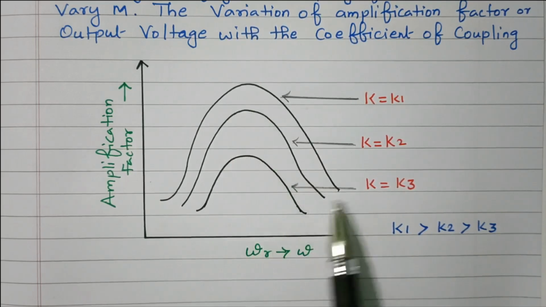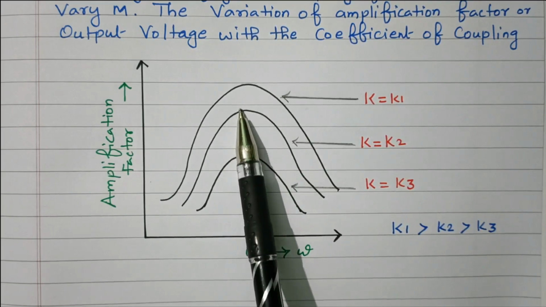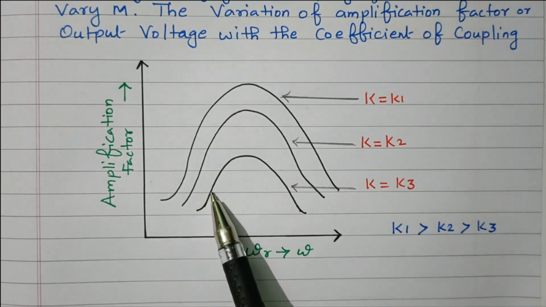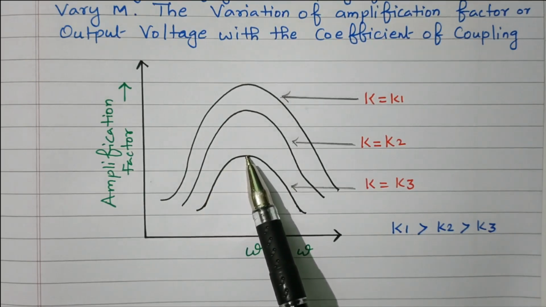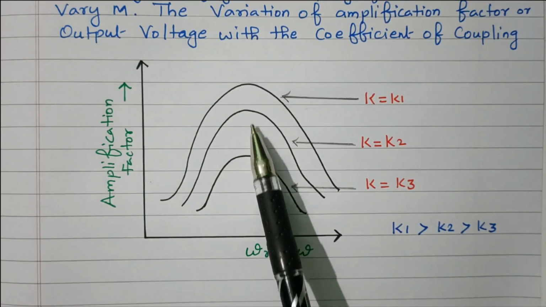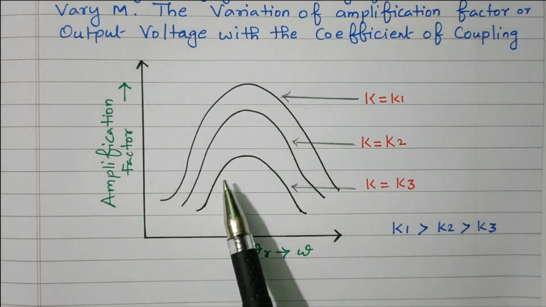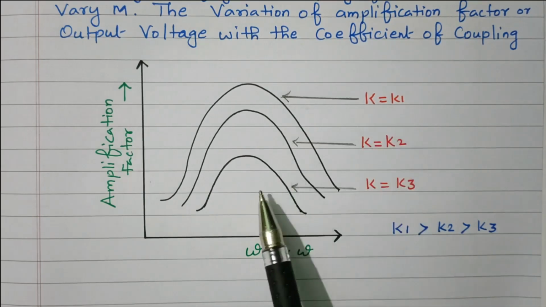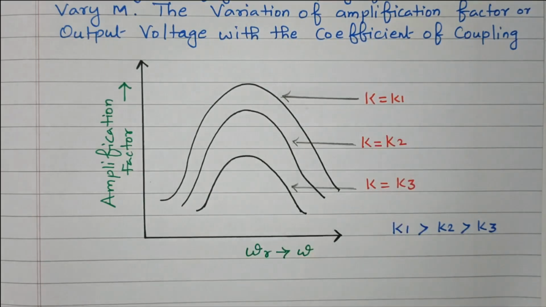Right. So when K value increases, the amplification factor also increases. Initially it increases slowly, at this point reaches maximum, thereby decreases. For different values of coefficient of coupling, we got different curves, right? When the coefficient of coupling increases, the amplification also increases.